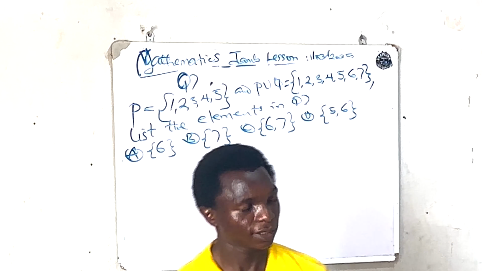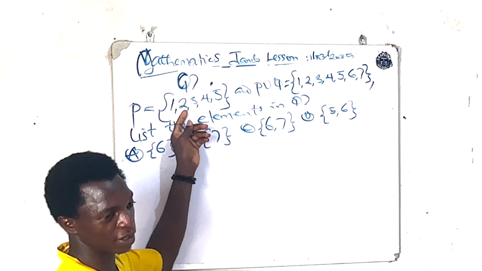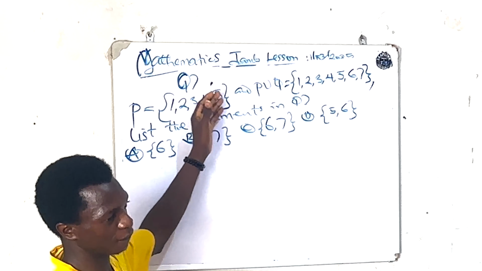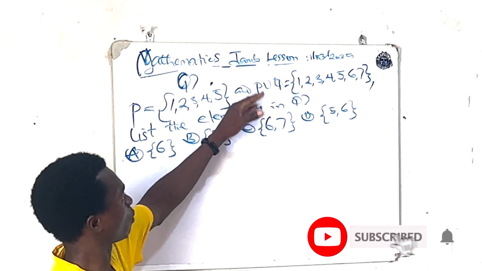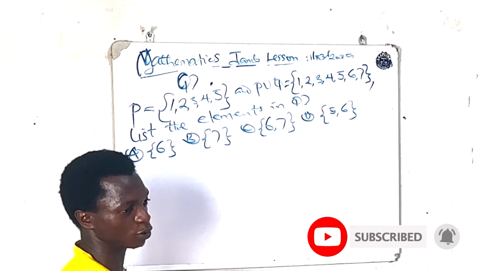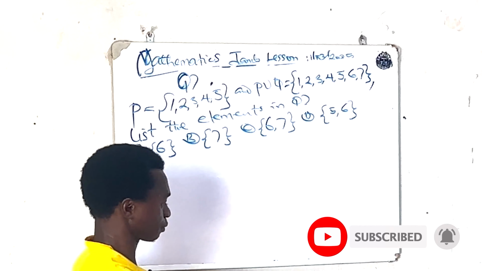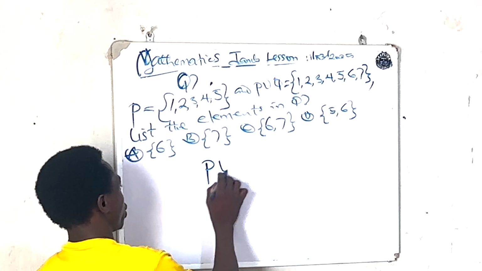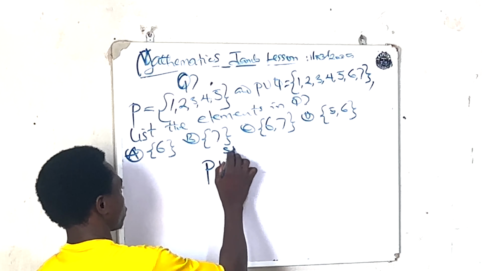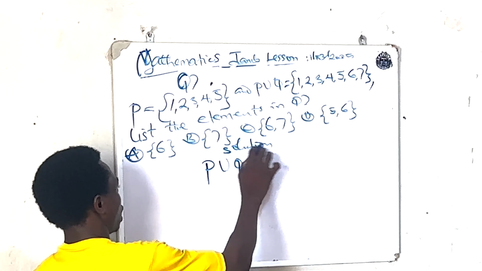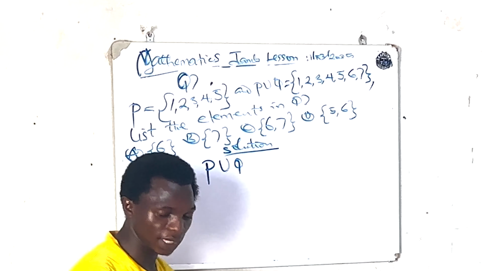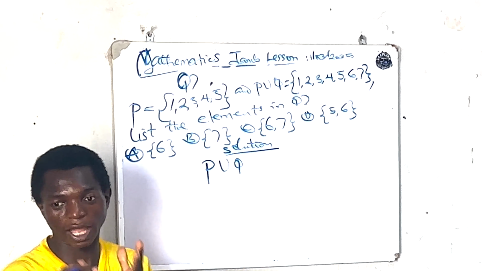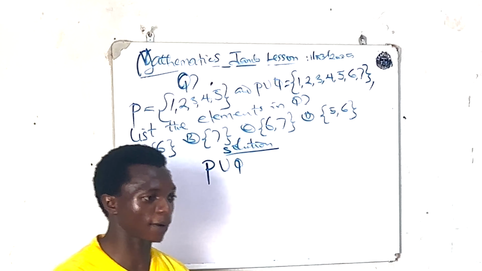Now look at the elements in set P: 1, 2, 3, 4, 5. We're not given the elements in set Q, but we're given P union Q. What does that mean? The elements of P and Q are joined together.